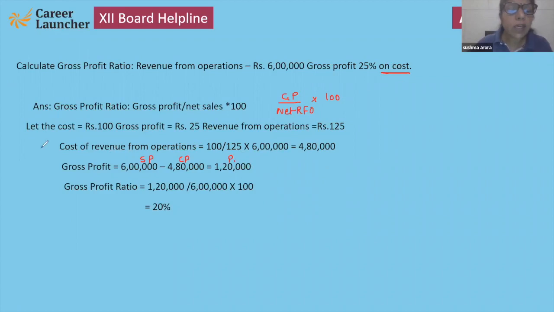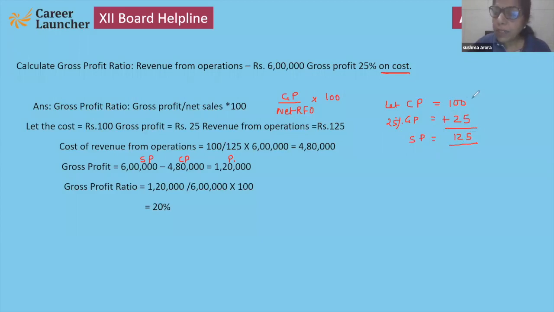This is the way. Let cost price be 100 rupees, GP 25%, it means 25 rupees. So if cost price is 100, profit is 25, selling price, I am sure you all are able to do that, that is 125.